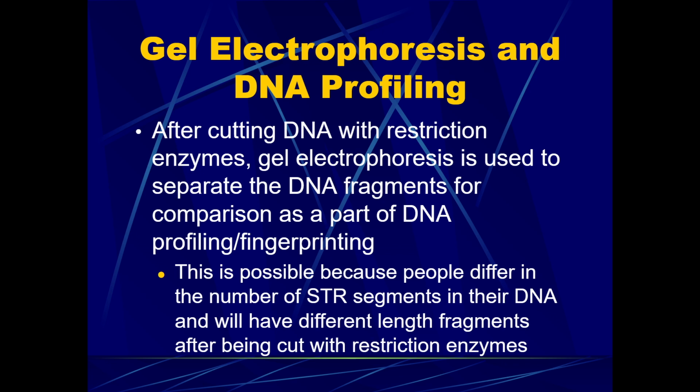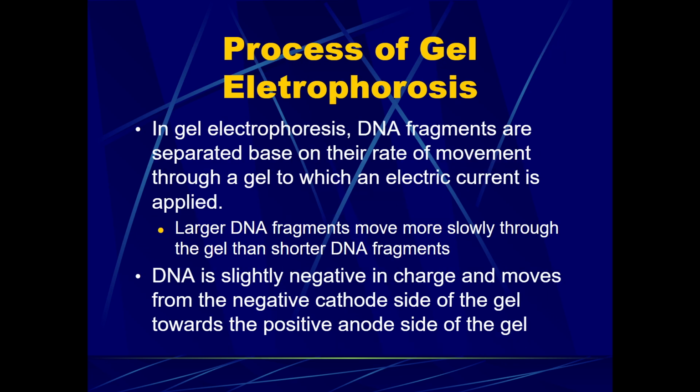And so they'd have different lengths for their fragments based on how they were cut with the restriction enzymes. And someone with similar lengths, say, to a victim, that would help if we're trying to identify them, or if you had the killer's DNA at a crime scene, you could take a suspect's DNA and compare it to the killer's DNA and see if you have a match.